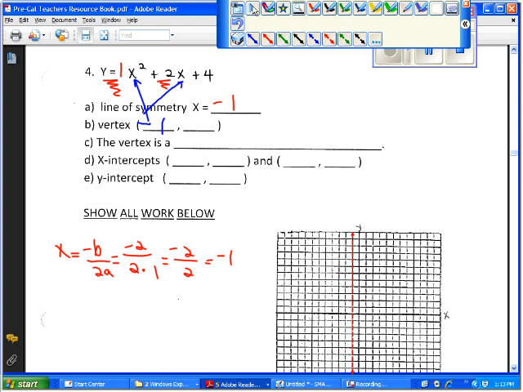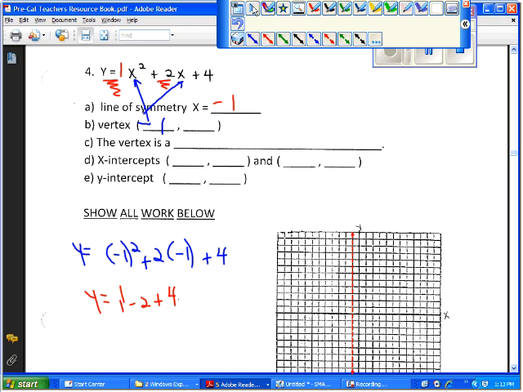To find the y of the vertex, you insert those x's into the equation and solve for y. So we would have y equal the x of negative 1 quantity squared plus 2 times the x of negative 1 plus 4. And so we're going to have y equal negative 1 squared is 1, 2 times negative 1 is negative 2, plus 4. 1 minus 2 plus 4, which is going to be 3.